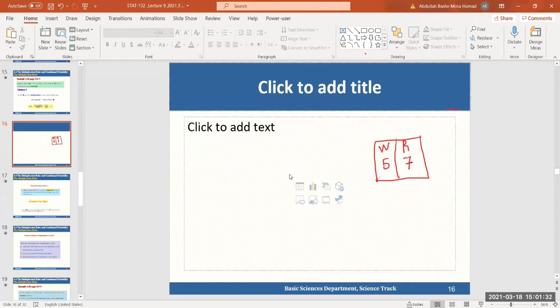I just want to explain dependent and independent events to you because we have two rules. If we take 2 balls from this box, the question is to find the probability that these 2 balls are white.